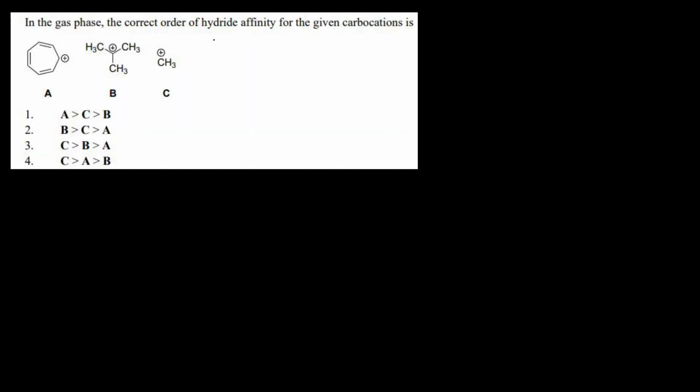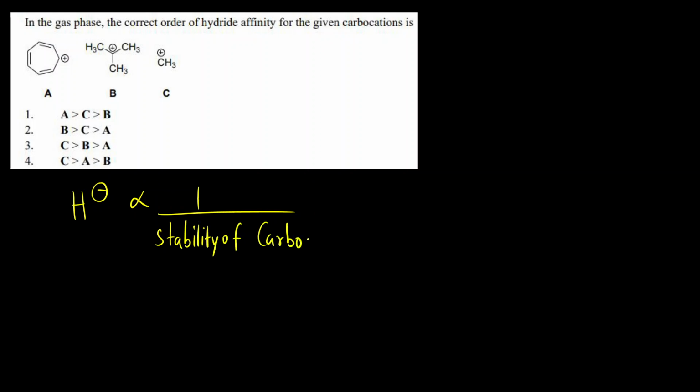Here, we need the correct order of hydride ion affinity. Hydride ion affinity is inversely proportional to the stability of the carbocation. Why?